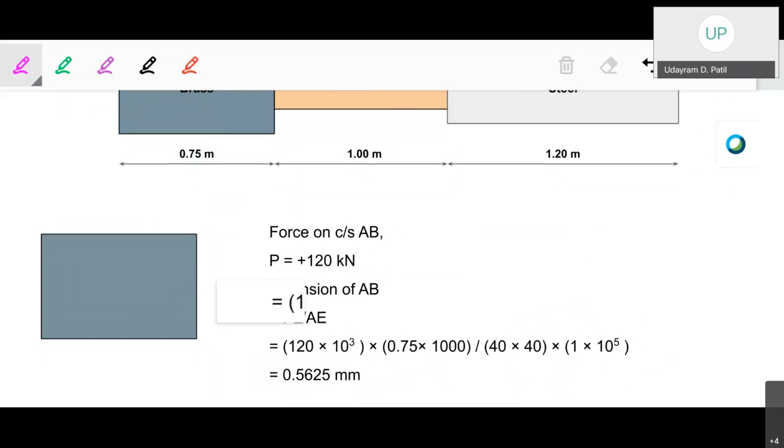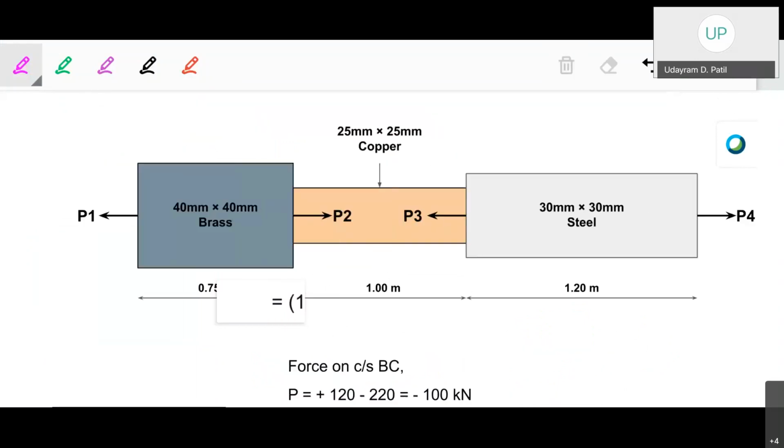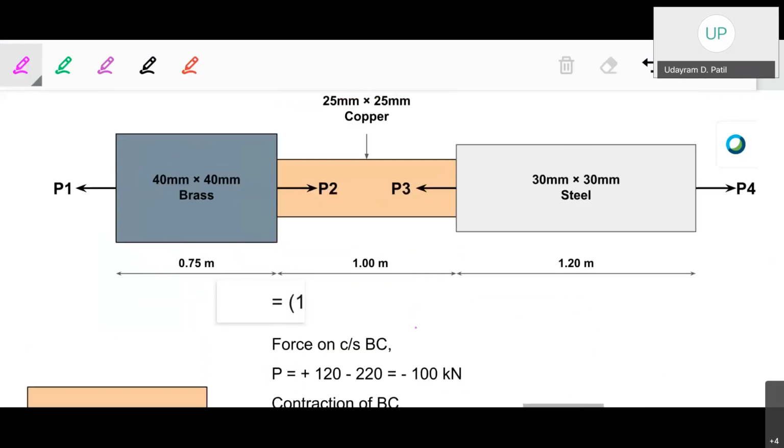Now for the next section, the copper section, BC.